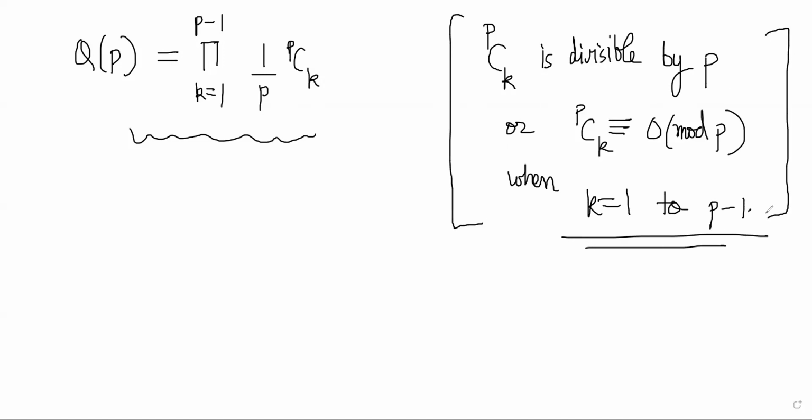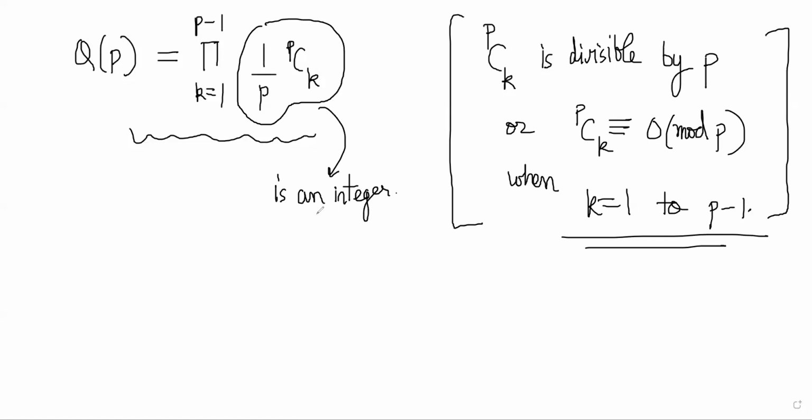This is a true statement. You can check it with any prime number p and any integer k. Okay. So that means that this is an integer, right? And since this is an integer, q of p becomes a product of integers.